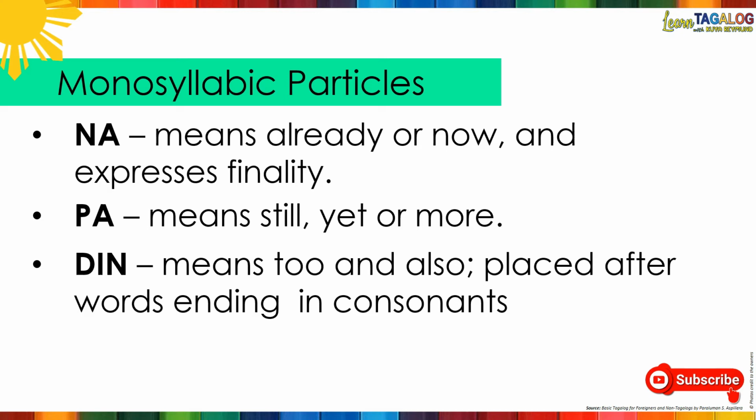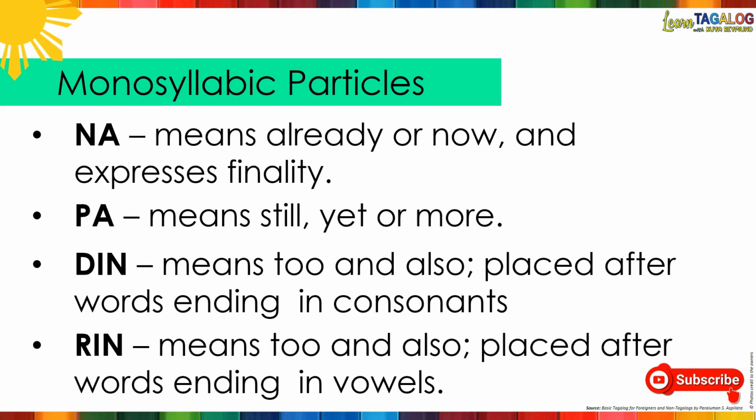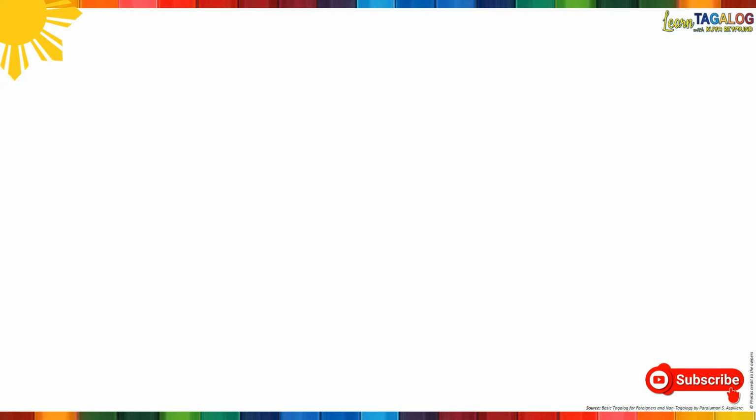So that's our particle din. We also have our particle rin, which means too and also, and at times this is also placed after words ending in vowel. So din and rin. So din is used for consonants, and then rin is used for vowels.